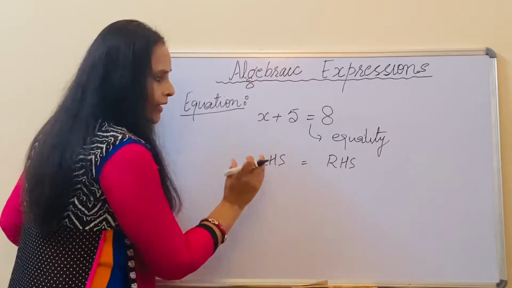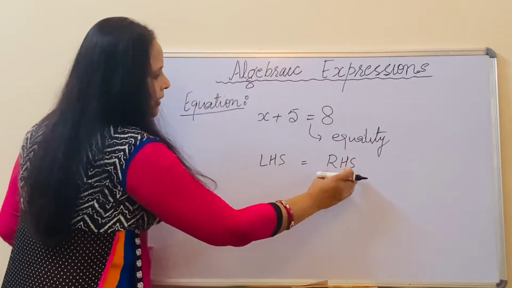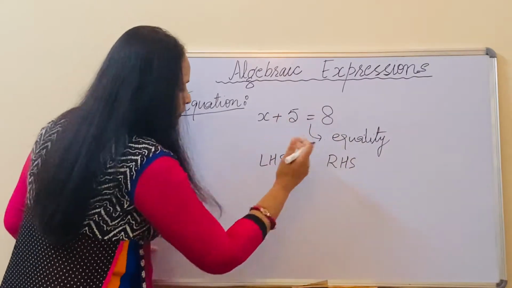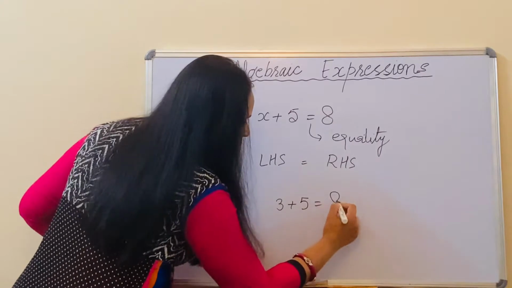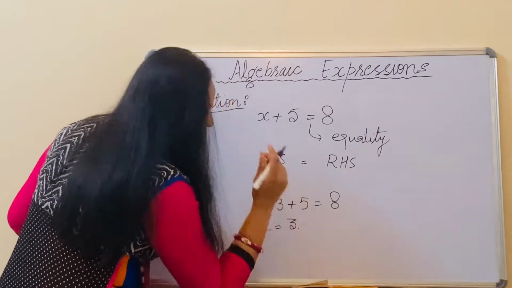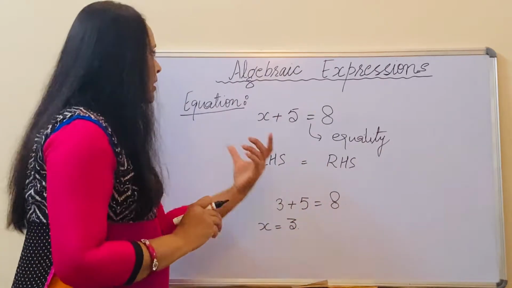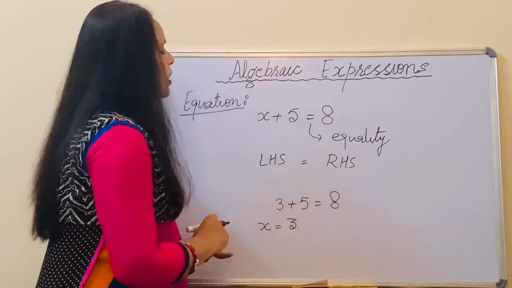This means the left hand side is always equal to the right hand side. If we solve it, we'll get 3 plus 5 is equal to 8. The value of x we are putting here is 3. So this is an equation in which the symbol of equality is used.